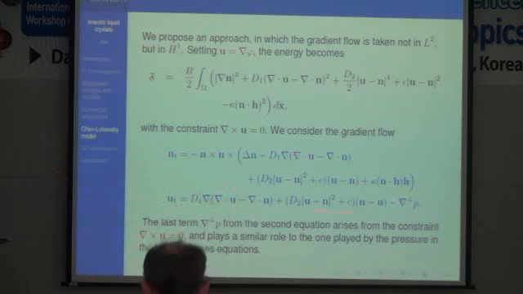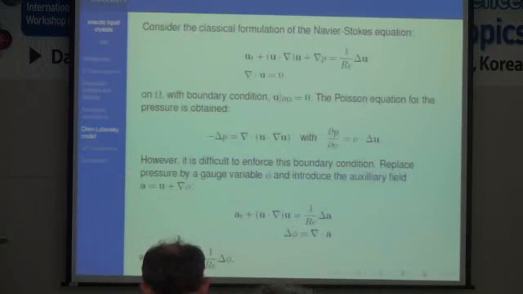Instead of this constraint, we have a Lagrange multiplier. So this is the pressure. It's like the pressure in the Navier-Stokes equation. So instead of solving the fourth order differential equation, we are going to solve this Navier-Stokes kind of equation, because there are ways to solve the Navier-Stokes equation.